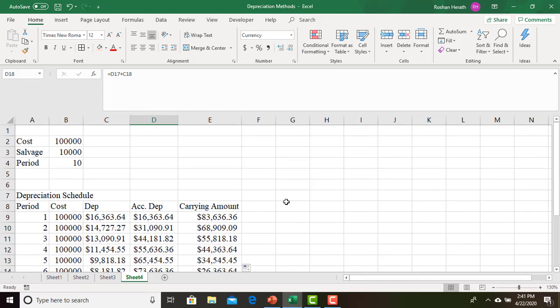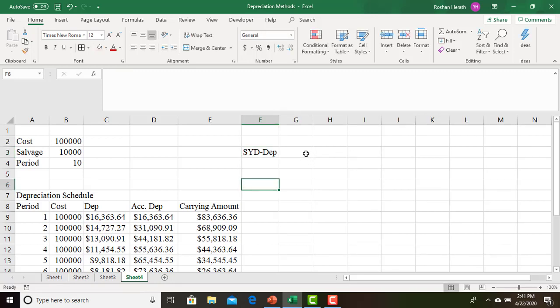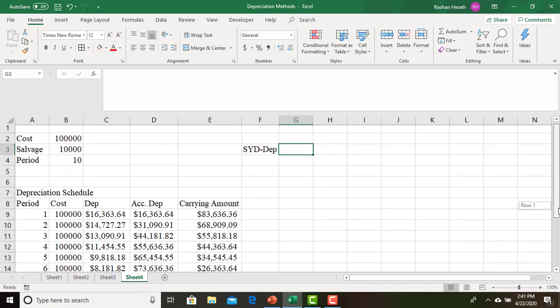Here also, just to show you how this method might work in a manual way, this is how depreciation under the sum of year digit method basically works. As the term suggests, you have to take the sum of the digits of the years.